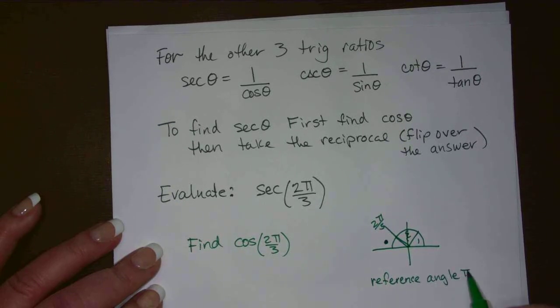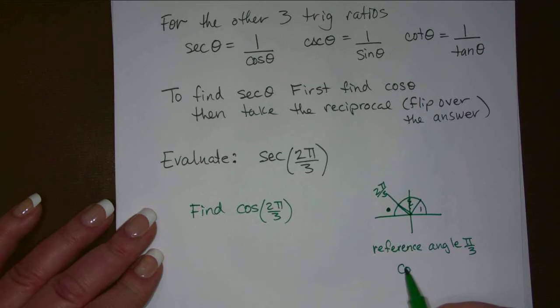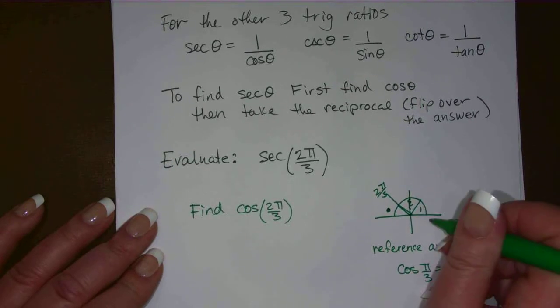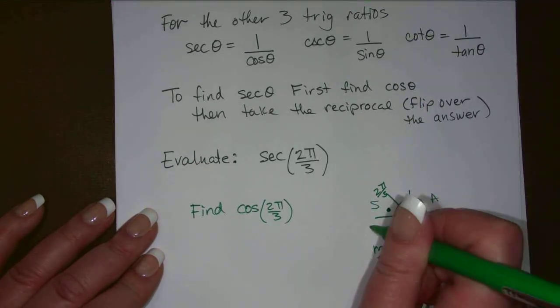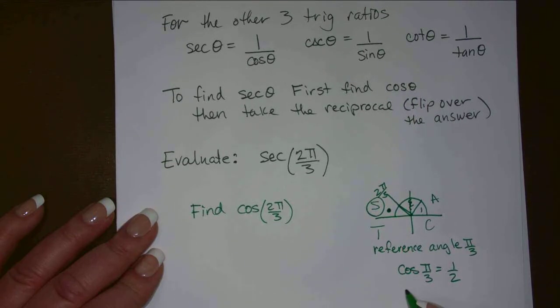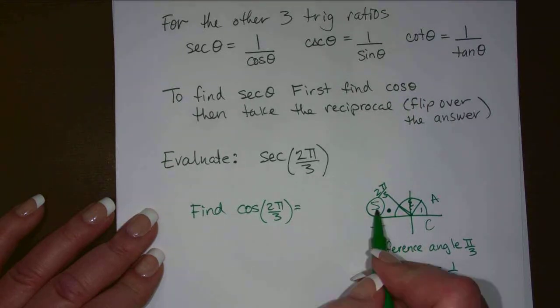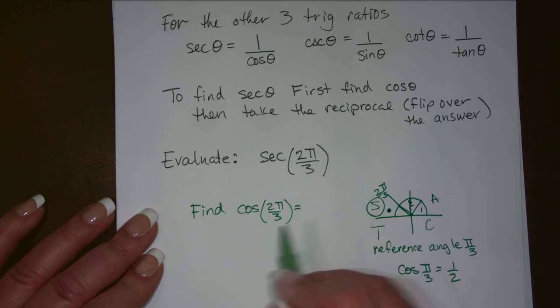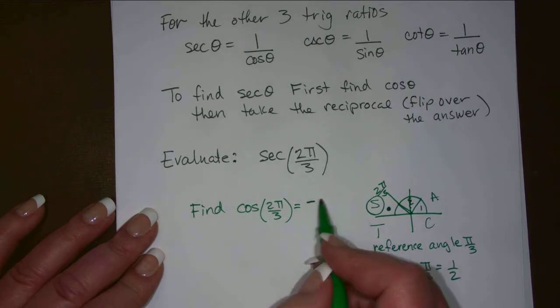Pi over 3. So we're going to look up cos of pi over 3, which is 1/2. We look that up. And then the sine. Is cos positive or negative there? Negative, because sine is positive, so cos is negative, and the answer is negative 1/2.